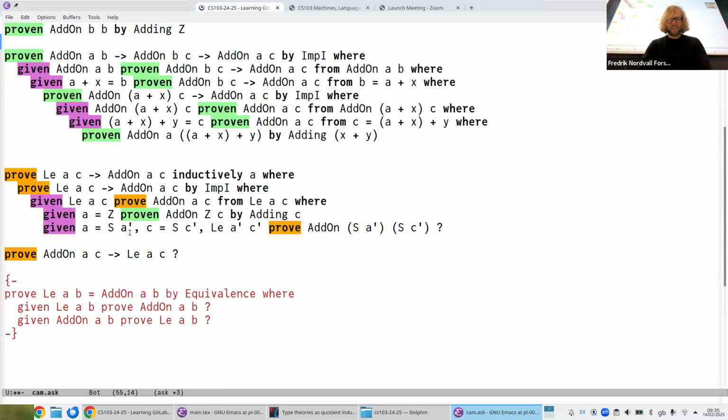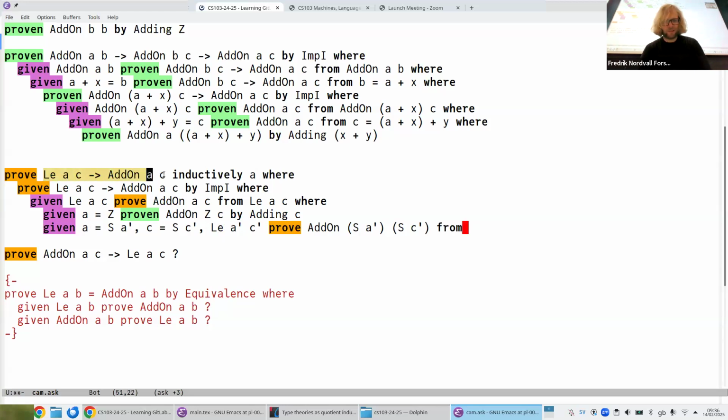What about this case? Well, here we have now exposed that two smaller things are in this relation, right? Because we're doing induction on A, and A prime is smaller than A, we are entitled to an inductive hypothesis here. So I'm going to ask for that.